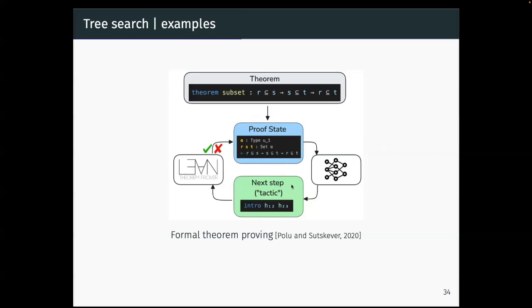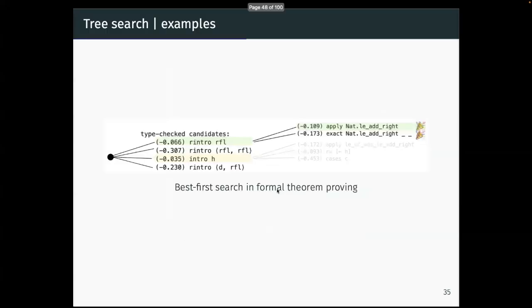So this is amenable to tree search because it's nicely decomposed into a sequence of state and then action, or next tactic. In fact, many of the state-of-the-art methods in this area do use tree search.